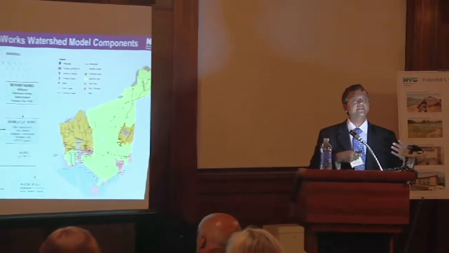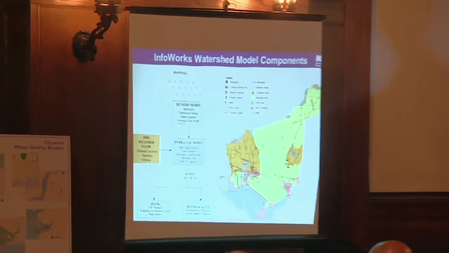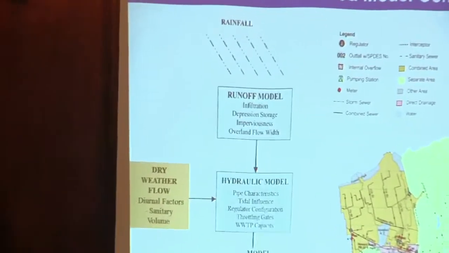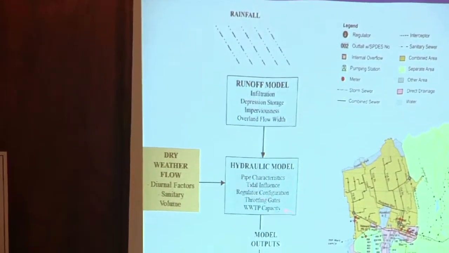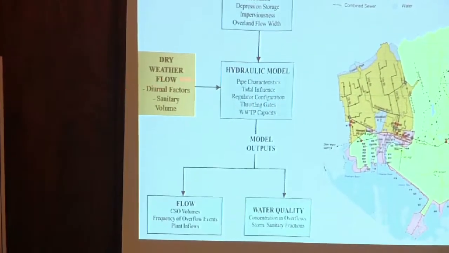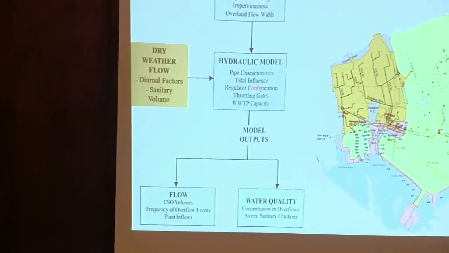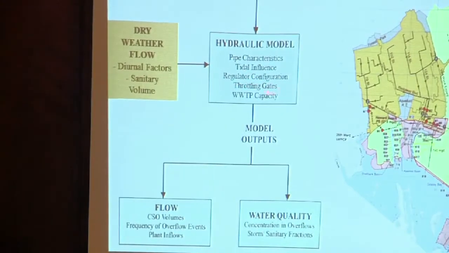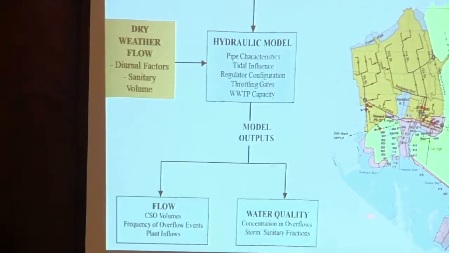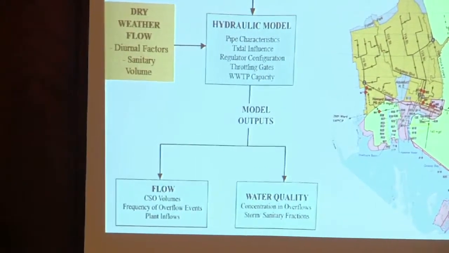This is more of a schematic of the watershed model. The first component is the runoff model that translates the rainfall into runoff, accounting for all the initial losses that happen in the system. Then it feeds that runoff into the hydraulic model, along with the dry weather flow, that is the sanitary flow coming into the sewer system, and it accounts for all these tidal influences, regulators, outfalls, etc. Then what it produces are the flow and also the pollutant loading coming from each of the outfalls.